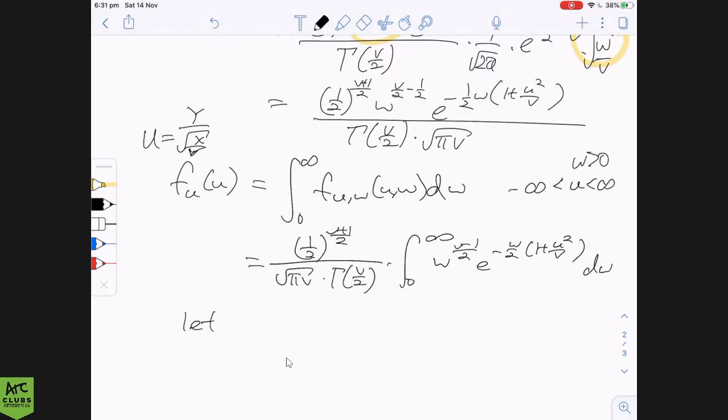And I can show you that by letting alpha minus 1 equal to v minus a half, which means alpha is v plus a half, and beta equals a half times 1 plus u squared over v.